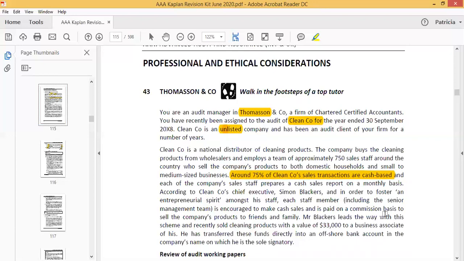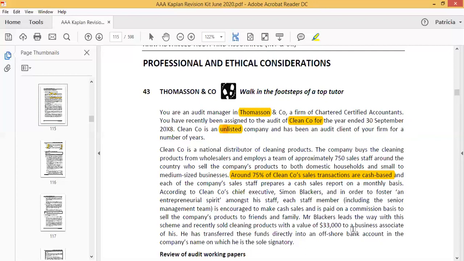According to CleanCo's chief executive Simon Blackers, in order to foster an entrepreneurial spirit among staff, each staff member, including the senior management team, is encouraged to make cash sales and is paid on a commission basis to sell the company's products.